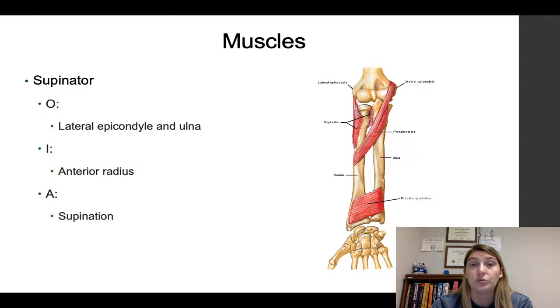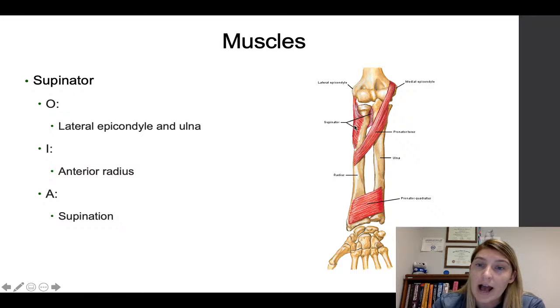Next, we're going to have supinator. So our supinator is right here, more on radial side, and it's actually going to wrap around posteriorly and insert. So origination, it's going to come off the humerus at the lateral epicondyle. So we can see one little branch coming off right here. And it's also going to come off the ulna.